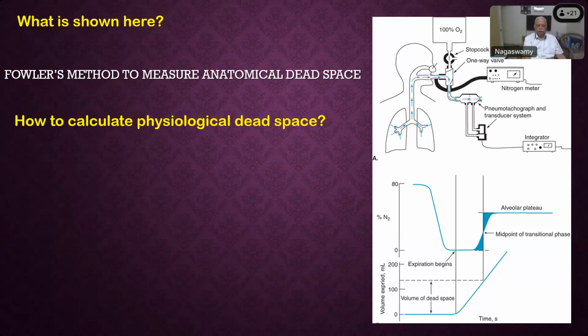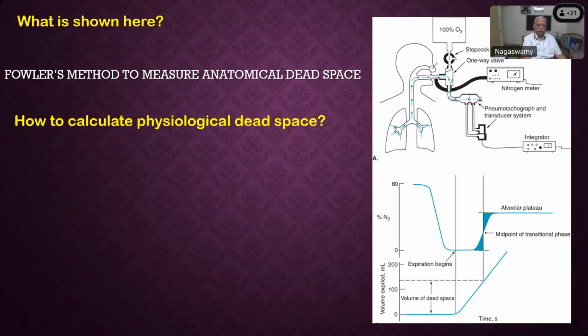Anatomical dead space. What is the definition of anatomical dead space? The airway in which there is no ventilation. The airway which doesn't take part in gaseous exchange. You don't say airway, but you say the volume of air that is present in the airway which does not take part in gaseous exchange. That is anatomical dead space.